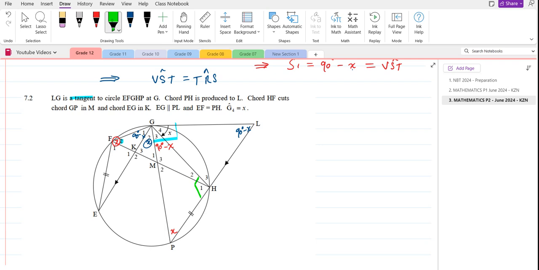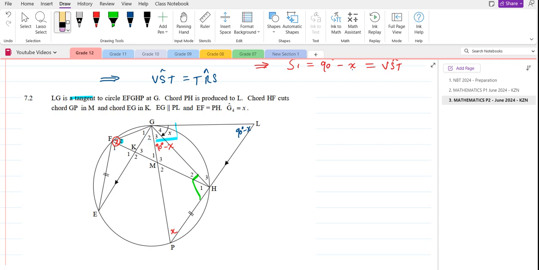If this here becomes the diameter of the circle, converse angles in same segment. Right, we have to figure this out. So we got h1, h2. That becomes the diameter. I'm trying to get, okay, let's take this 90 minus x out here.